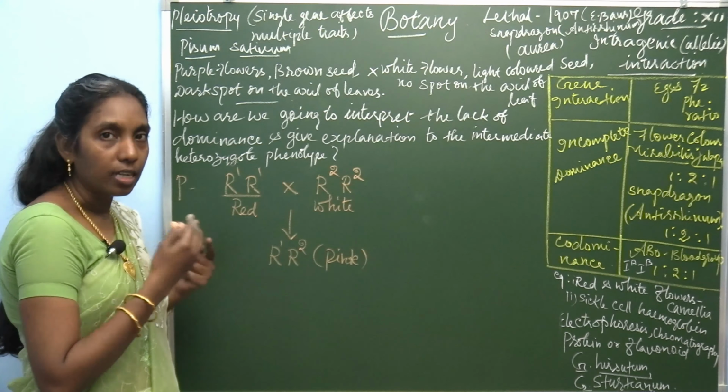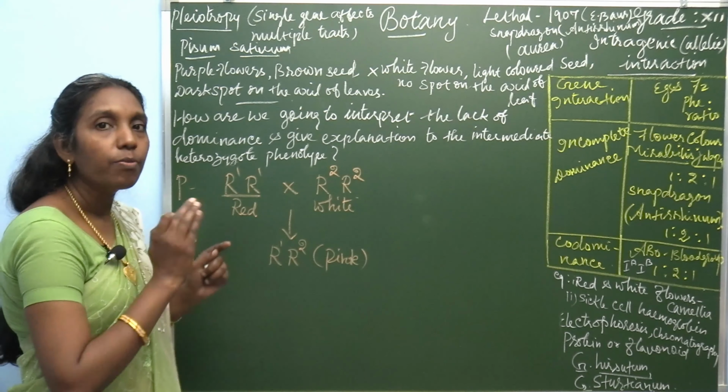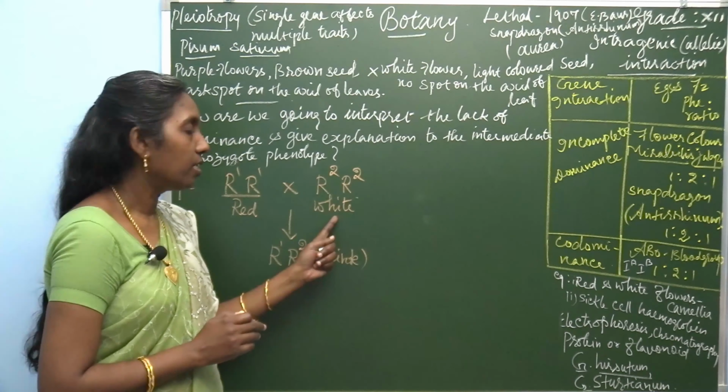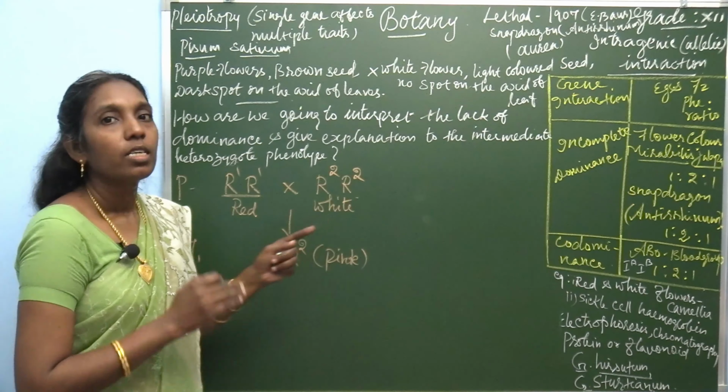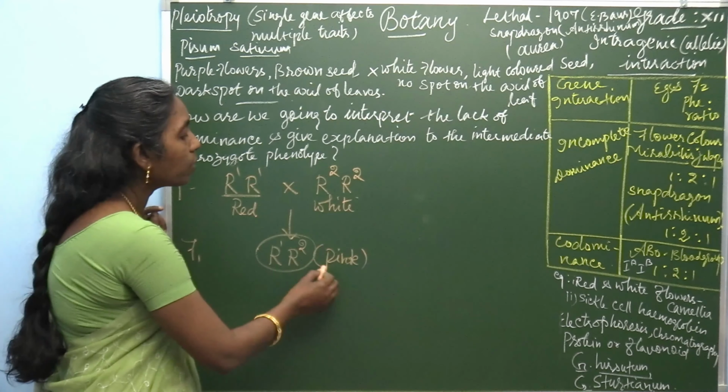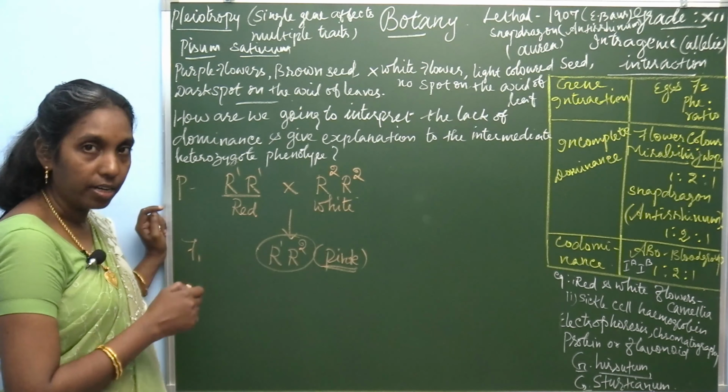R2 is the defective form, the mutant form, so the R2 allele does not synthesize the functioning enzyme which produces red. So, lacking this red color pigment, the flower color is white. Then what's the reason R1R2 gives pink color instead of red?